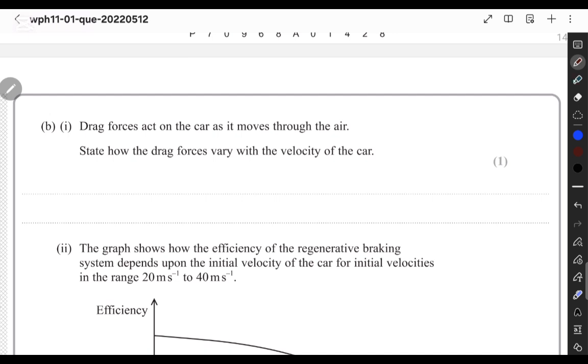Next it says, as the drag force acts on the car as it moves through the air, state how the drag force varies with the velocity of the car. So you're going to have to write that the drag force increases because the velocity is increasing.